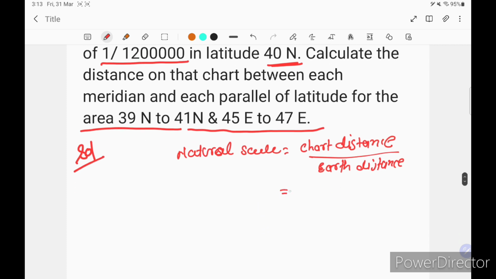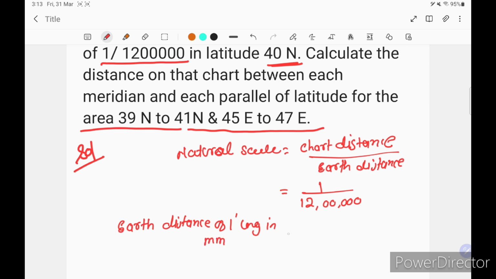Chart distance and natural scale we already have in the formula. Now the next formula, earth distance of 1 minute longitude in mm is equal to 1852 into 1000 into cos latitude.